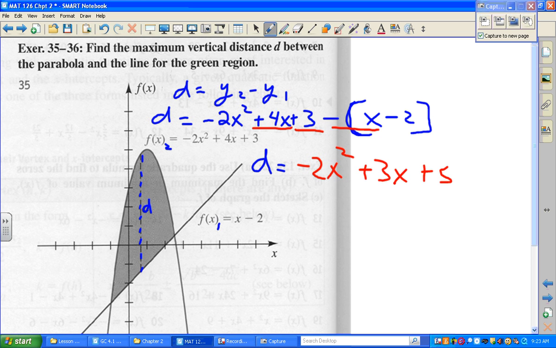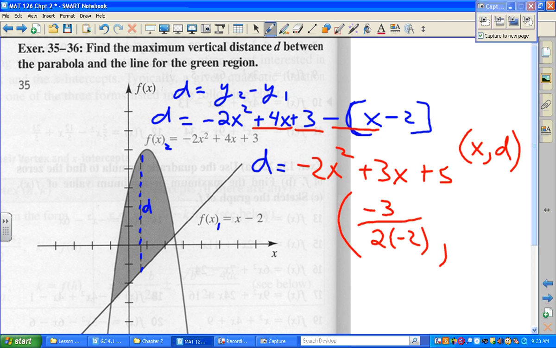Don't look at the picture, because if you graph this out, you'd have the x-coordinate and the D is your y-coordinate. It wouldn't look anything like this. So the distance would be the opposite of negative 3 over 2 times negative 2. So that's the x-coordinate. So it's 3/4. And how do you find the D?